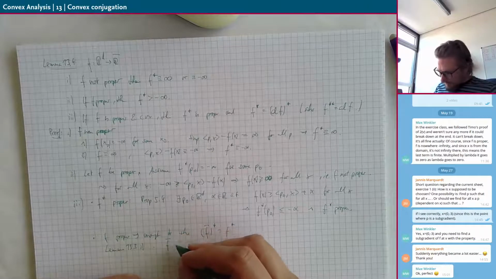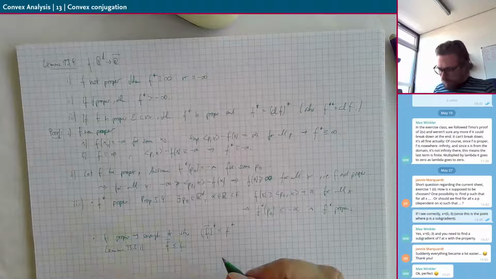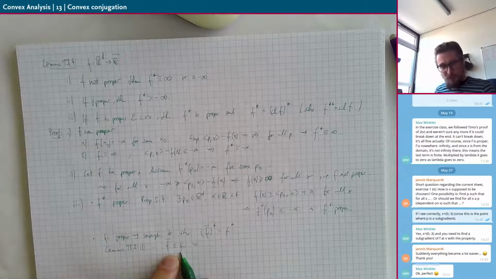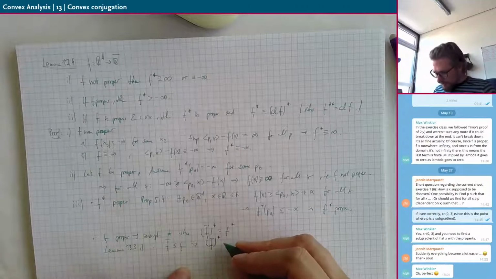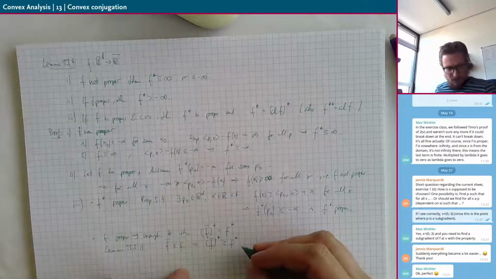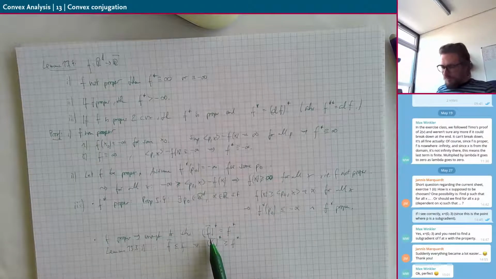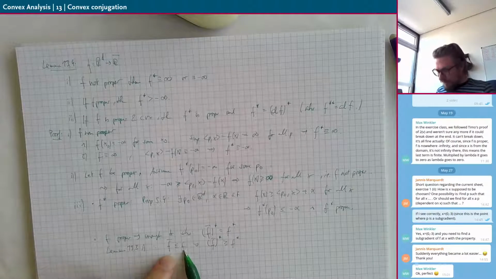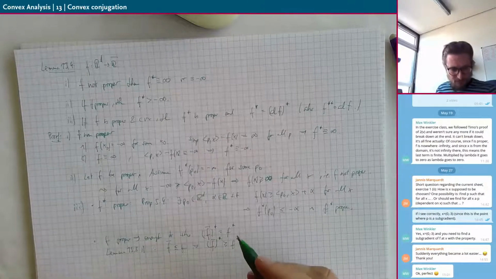We know that the closure is below the function because it's the largest lower semi-continuous function below. Okay, this is not the convex, it's the lower semi-continuous envelope, sorry. But anyway, it's below the function, and then conjugation reverses the inequality, so the conjugate of the closure is larger or equal to the conjugate. So we only need to show the reverse inequality here.